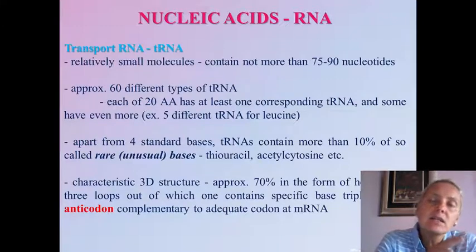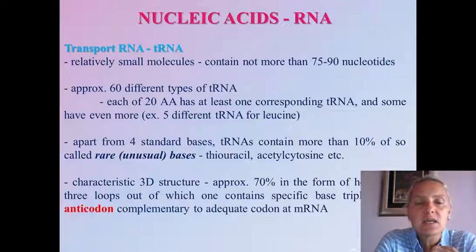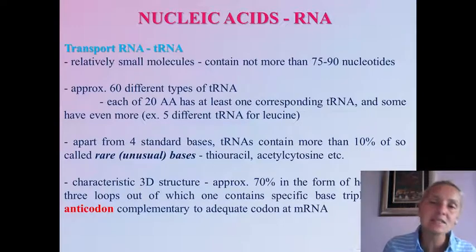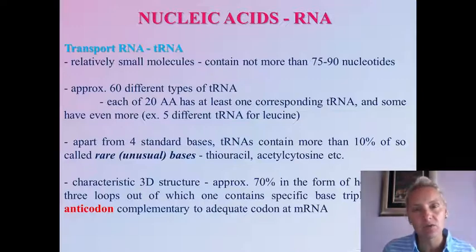In the sequence of nucleotides in tRNA, apart from those 4 common bases, adenine, guanine, cytosine, and uracil, a tRNA contains more than 10% of so-called rare or unusual bases like thiouracil, acetylcytosine, and so on.